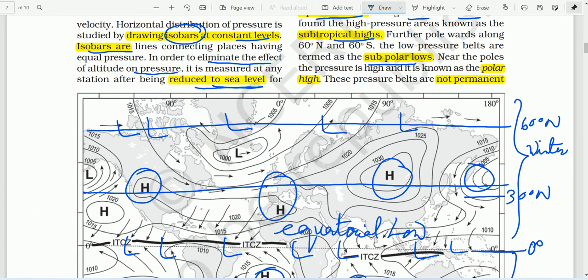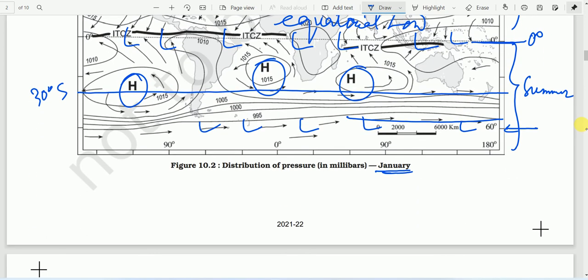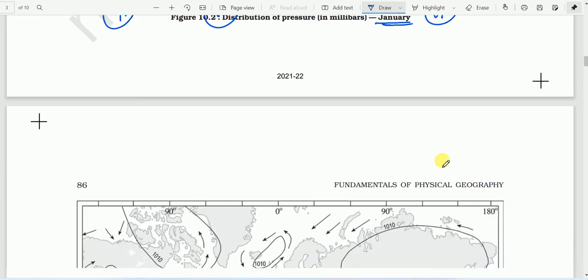And beyond this, this is 90-degree north, the North Pole, and at the North Pole you'll find a high pressure system. However, you must know that these pressure systems are theoretical. These are not permanent. Okay, it changes with the apparent movement of the sun.